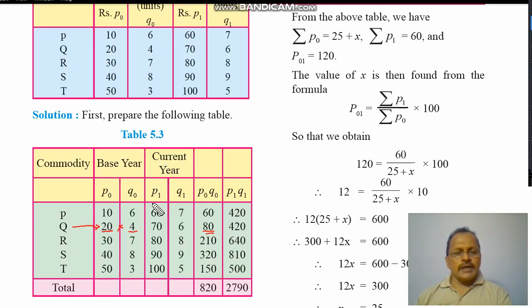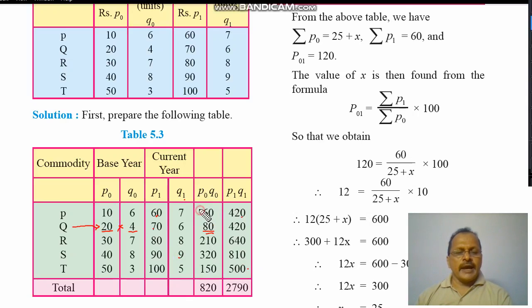Now for the current year, the quantities are P1, Q1. Take their product. 60 into 7, it is 420. 70 into 6, again 420. 80 into 8, it is 640. 90 into 9, it is 810. And 100 into 5, it is 500.